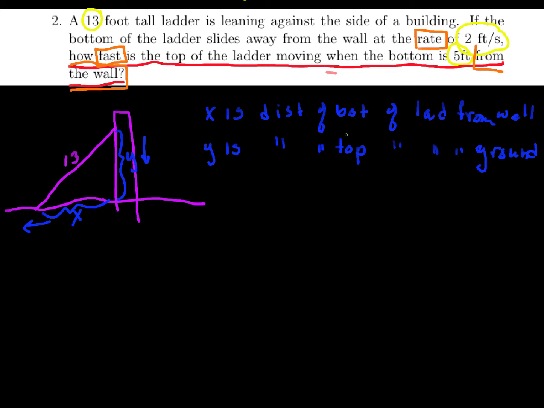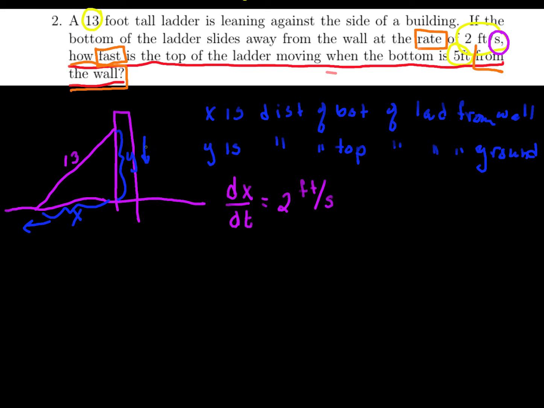And so now, since I know that the bottom of the ladder slides away from the wall at a rate of 2 feet per second, that tells me that dx/dt is constantly 2. And I'll put my units, 2 feet per second. And again, how do I know dt? Because the information is here that the rate of change is with respect to time and not distance.